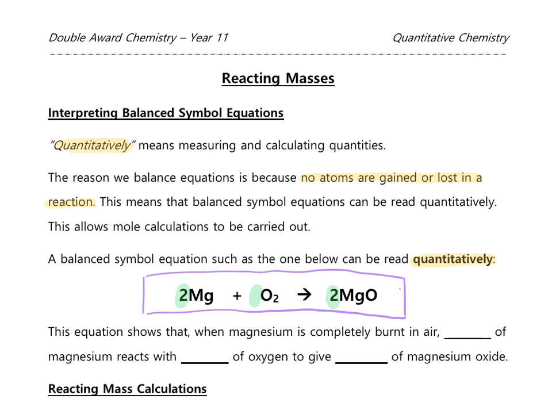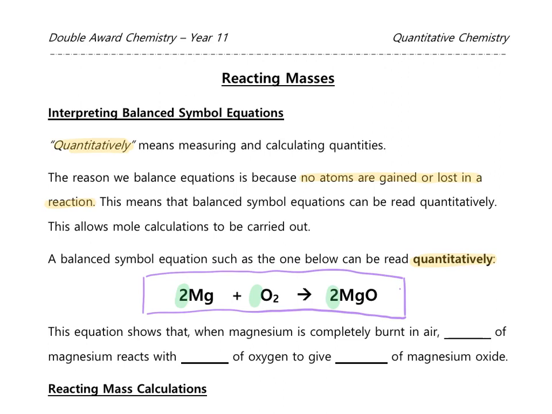But those balancing numbers can also be used to read this equation quantitatively. So follow along with me. This equation can be read as 2 moles of magnesium can be reacted with 1 mole of oxygen to form 2 moles of magnesium oxide. These balancing numbers actually give me the ratio of the quantities that I need to mix my reactants in and the ratio of the quantity of the product that I form.